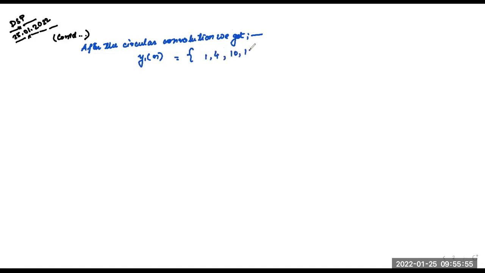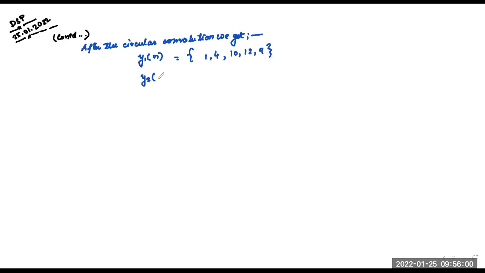After doing the circular convolution, we get the results. I'm omitting the circular convolution, you can do it at home, but you have to do it in the examination. Y1 of n equals 1, 4, 10, 12, 9.